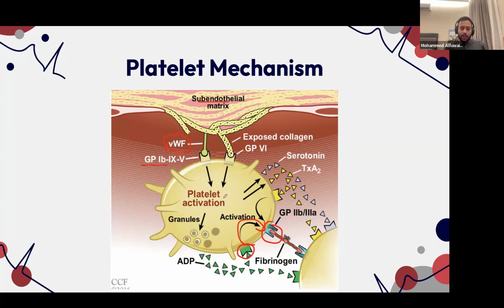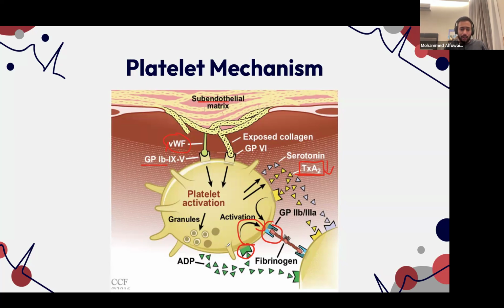Another important thing is in platelet activation itself, you have cyclooxygenase because you need to produce thromboxane A2 for the activation. This is basically platelet mechanism. You inhibit it by multiple mechanisms. Number one is inhibit the activation by reducing thromboxane A2 by giving what medication? Aspirin, okay? NSAIDs, good.